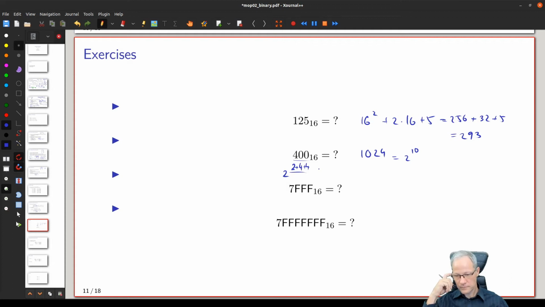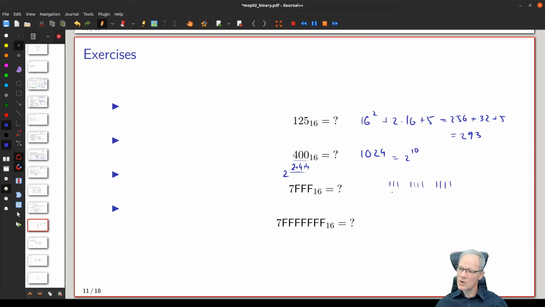All right. In other words, I'm just counting how many bits are there with 1. For example, in the next example, it's going to be convenient for us to write out 7, which is 111, plus F, which is 1111, plus F, which is 1111.